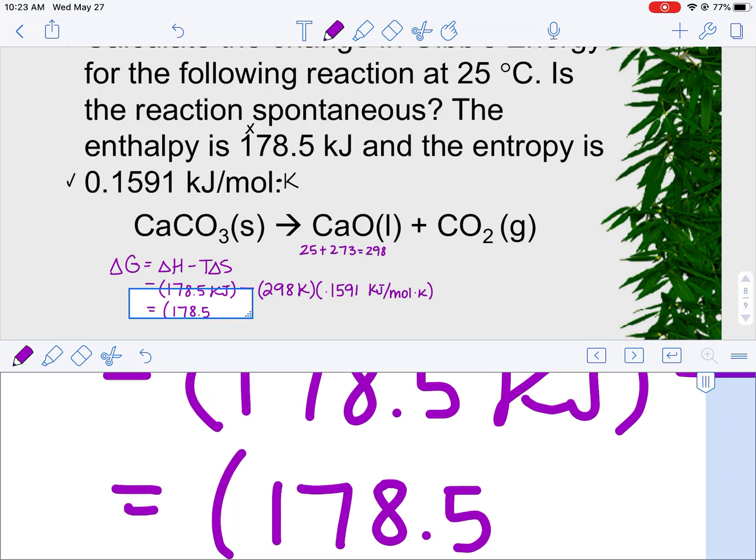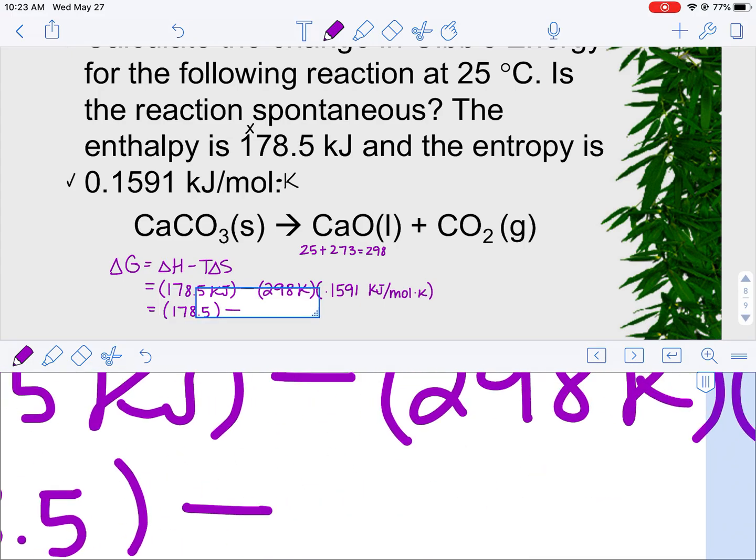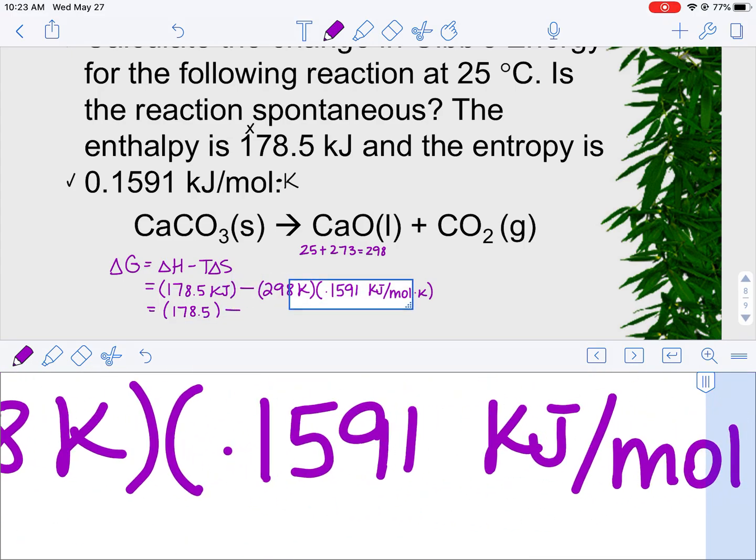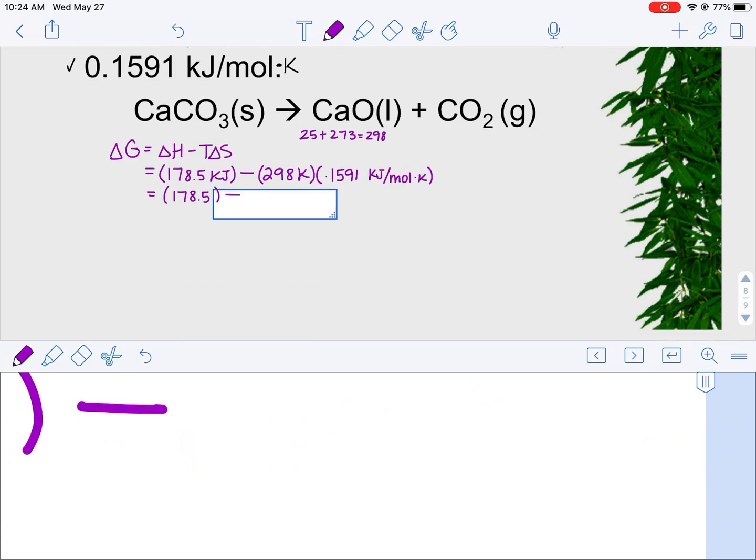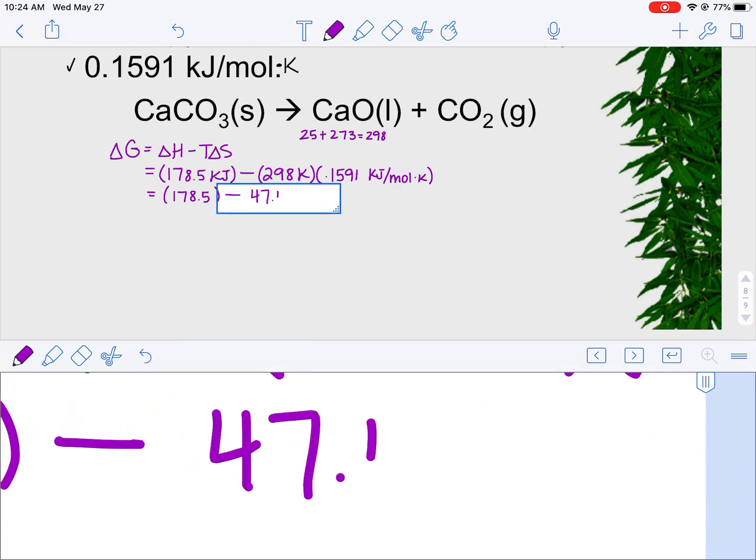So 178.5 minus, when you take 298 and multiply it by 0.1591, we get 47.4.